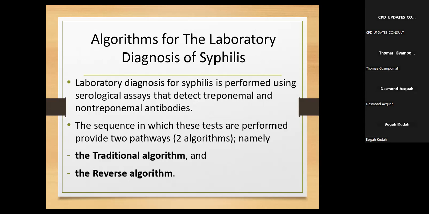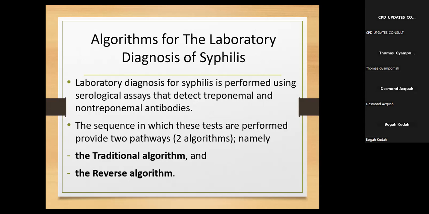So all this while, the diagnosis of syphilis has always been a screening test first. And when your screening test shows positive, you go ahead and do your confirmation. That's all. And that is called the traditional algorithm.